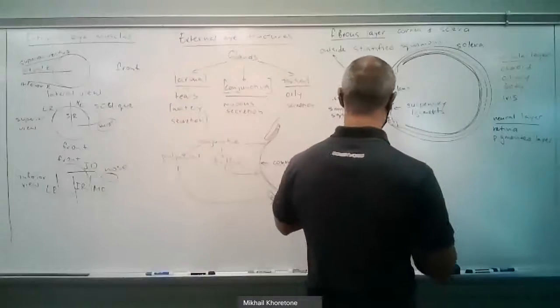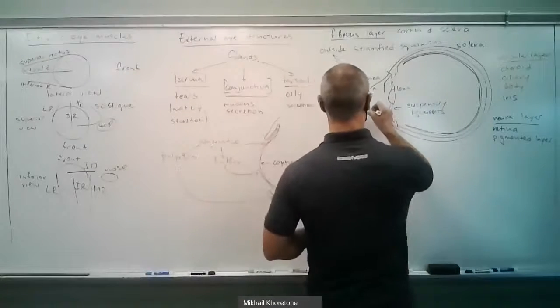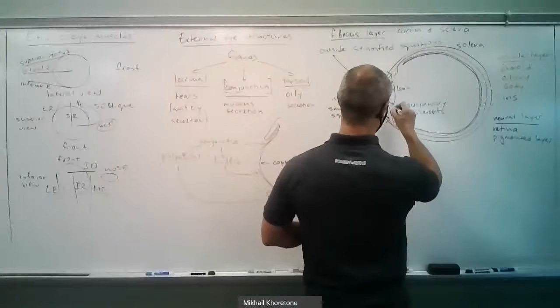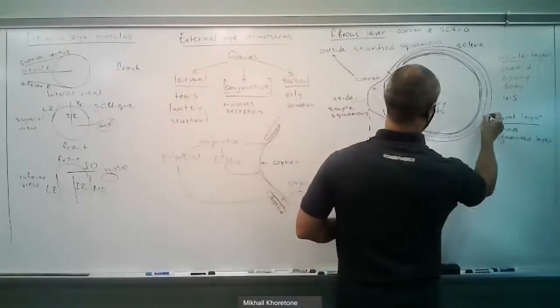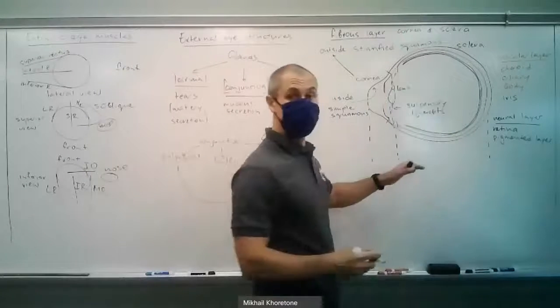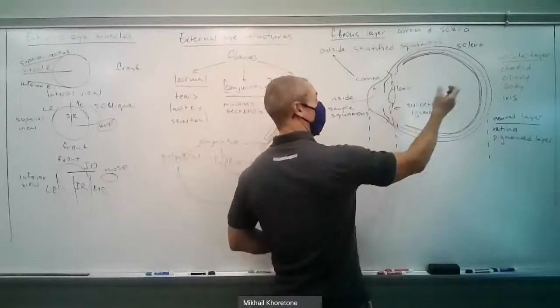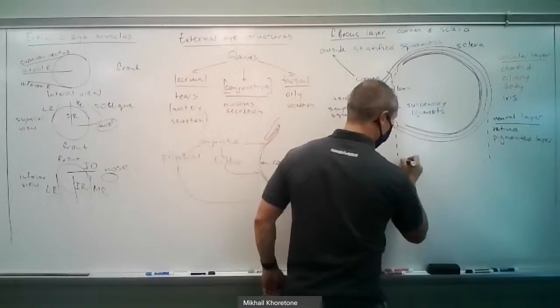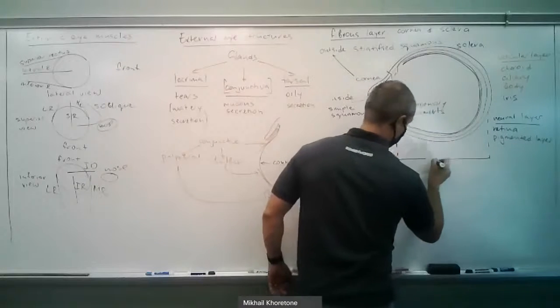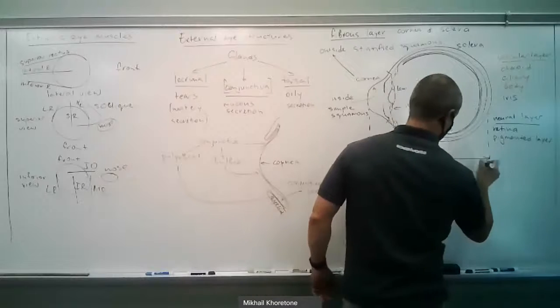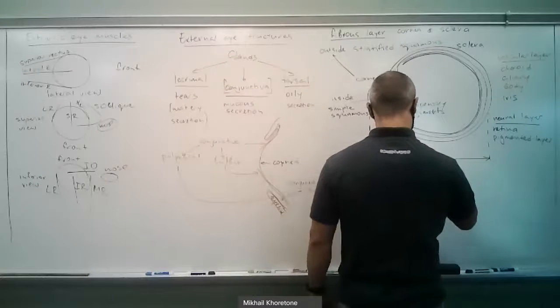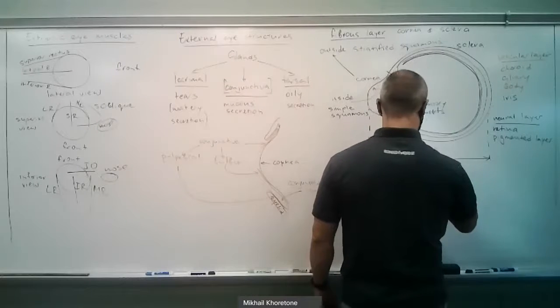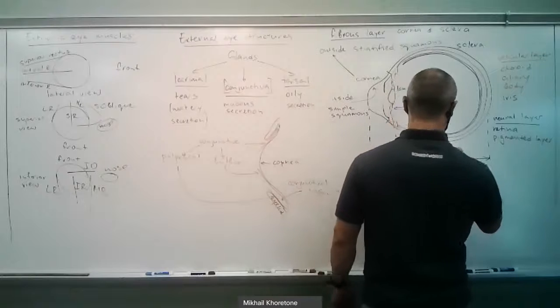So one thing is the partitioning of the eye. The part between the lens and the posterior pole, this part, is called the posterior segment.